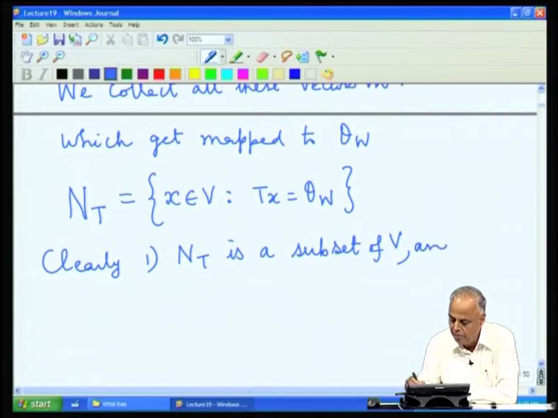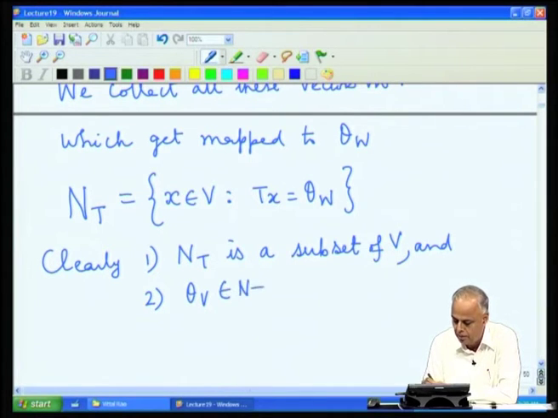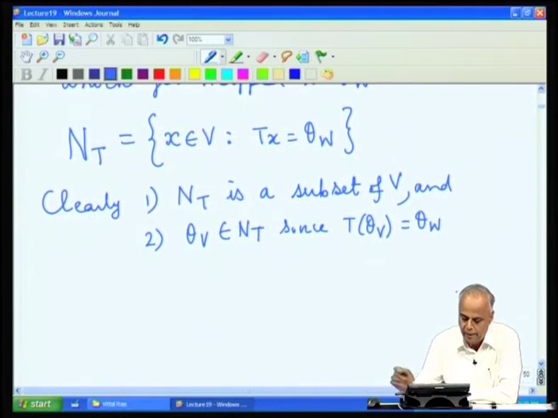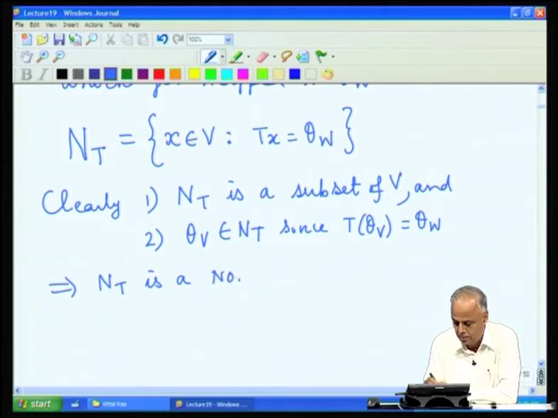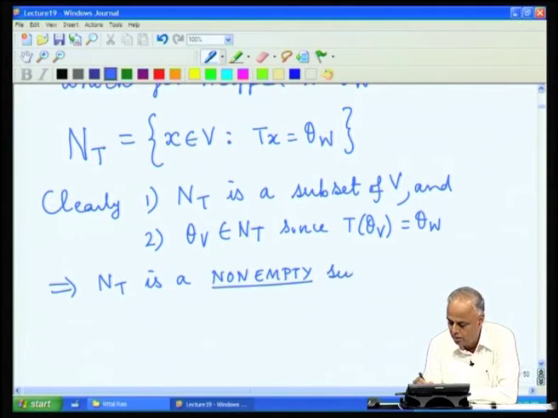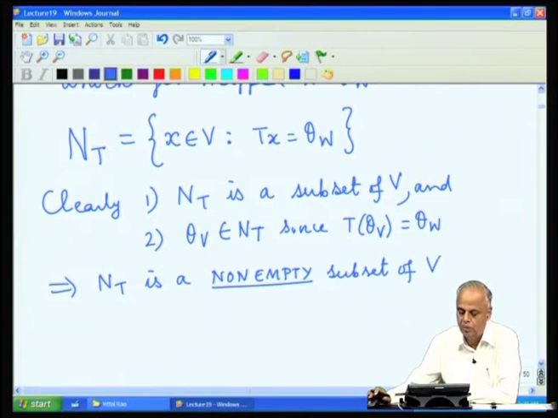And the second trivial thing that we know is that the 0 vector of V is certainly in N(T), because the 0 vector gets mapped to the 0 vector. So, theta V belongs to N(T) since T of theta V equals theta W, and therefore, N(T) is a non-empty subset of V, because there is at least one vector, namely theta V, which belongs to N(T).